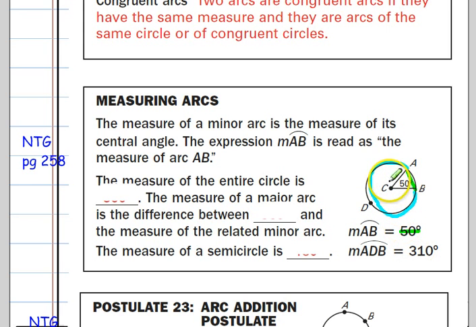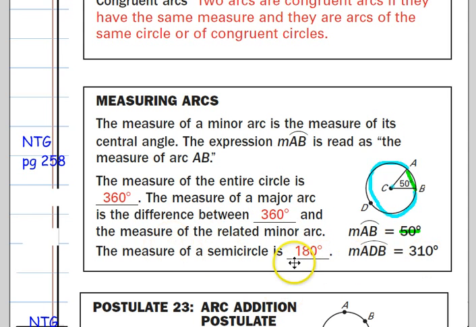And I know you're saying, how did you get 310 degrees? Well, remember, the measure of the entire circle is 360 degrees. And the measure of the major arc is going to be the difference between the 360 degrees and the measure of the minor arc. So if I take 360 degrees and subtract 50 degrees, I'll get 310.